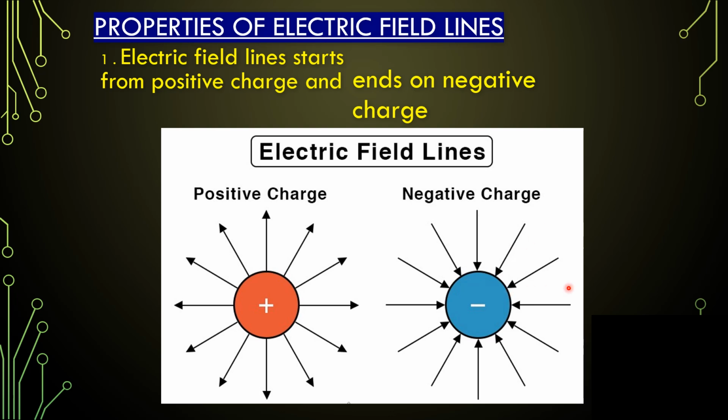If you look at these two electric field patterns, you observe that field lines are radially outward for a positive charge, along the radius. Similarly, for a negative charge, the electric field lines are radially inward. Is this clear, students? So field lines start from a positive charge and end on a negative charge.